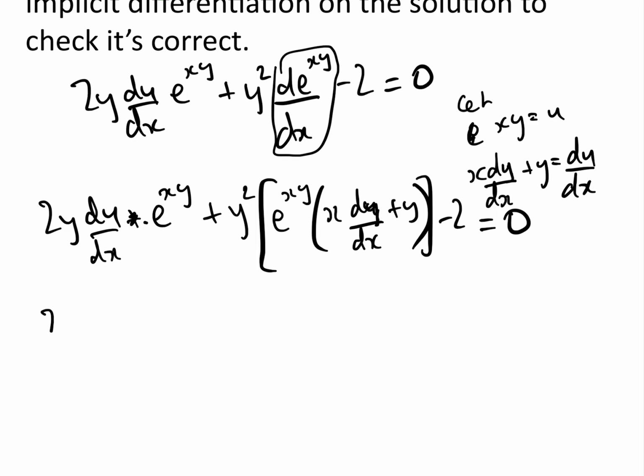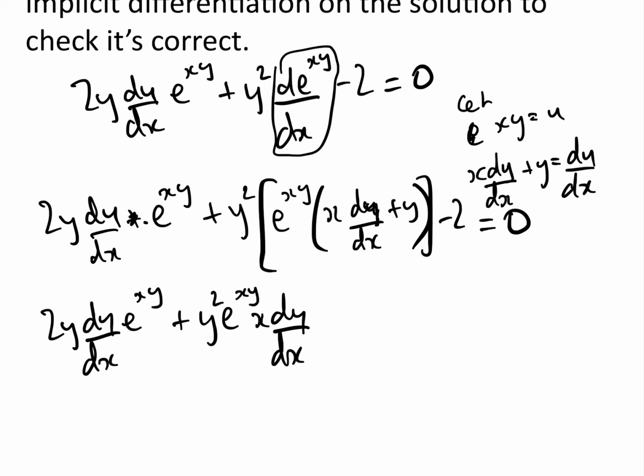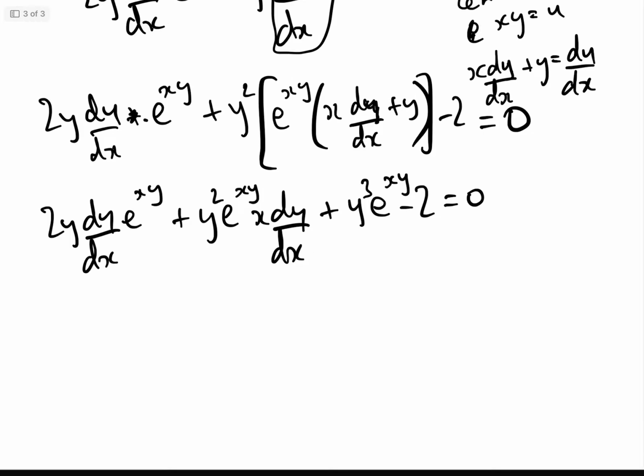And all we need to do now is collect all of this up. That's 2y dy/dx e to the xy, add y squared e to the xy x dy/dx, add y cubed e to the xy minus 2 equals 0.